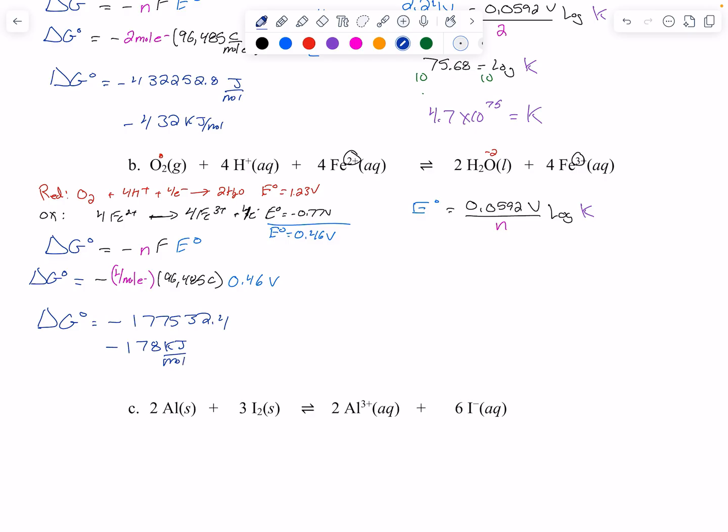All right, E now. We have 0.46 volts equals 0.0592 volts all over 4 log K. Solving it the same way, you take your 0.46 times 4, divide it by 0.0592, then take 10 to that power.